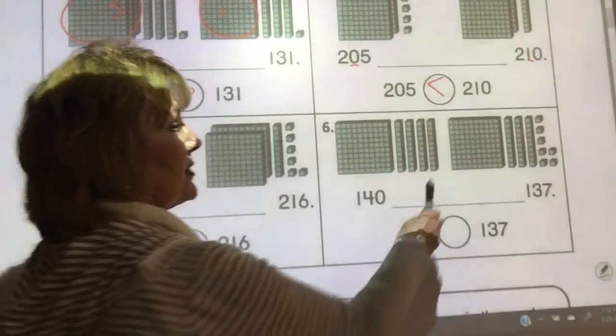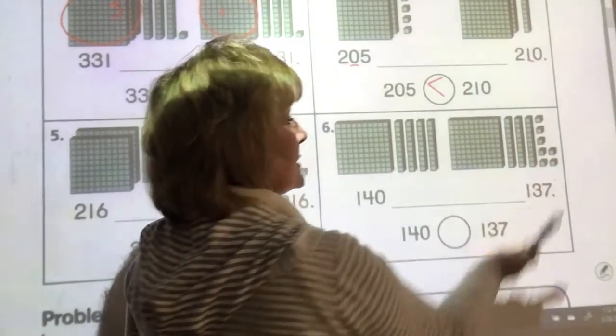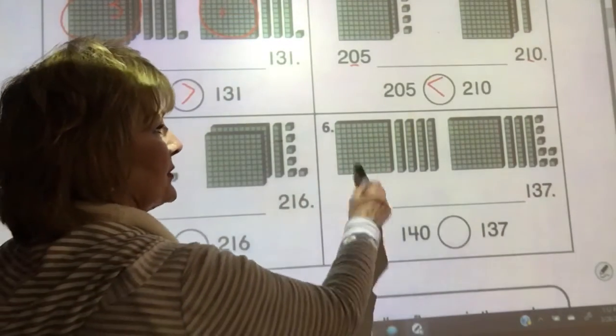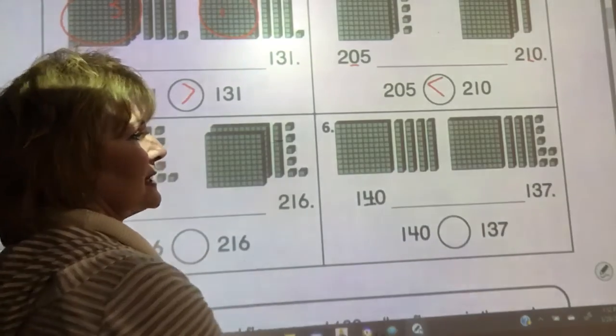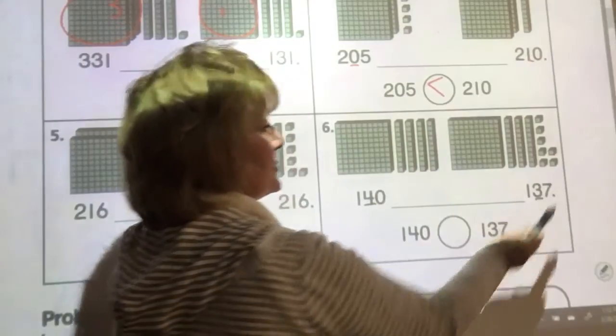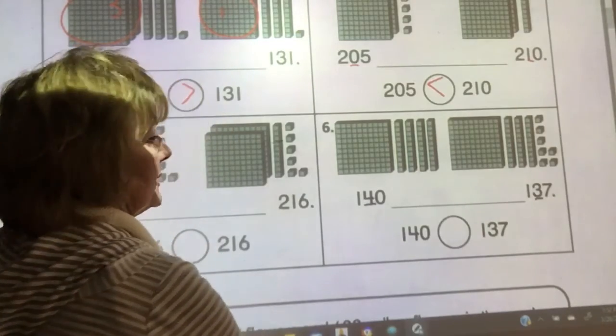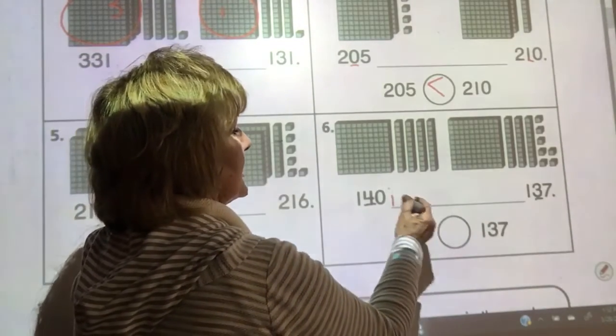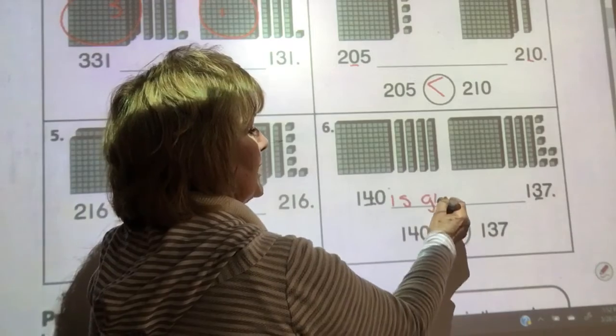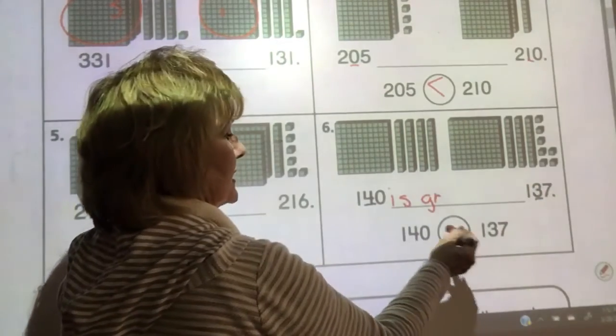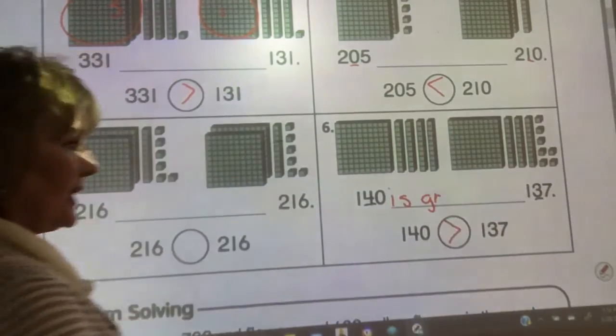Even though this one has no ones and this one does have ones, still this one is worth more because it has 4 tens. This one only has 3 tens. So that one would be 140 is greater, finish that, than, greater than, okay?